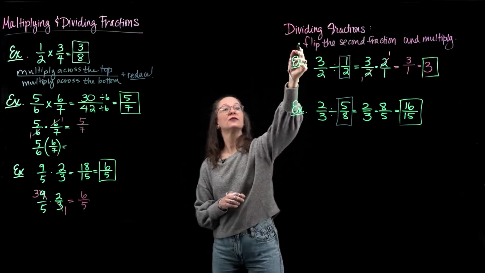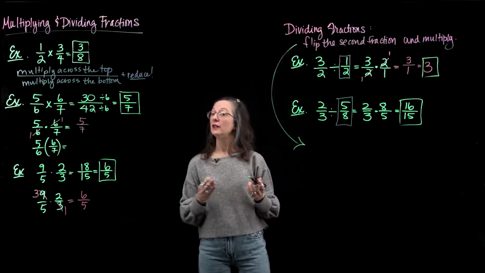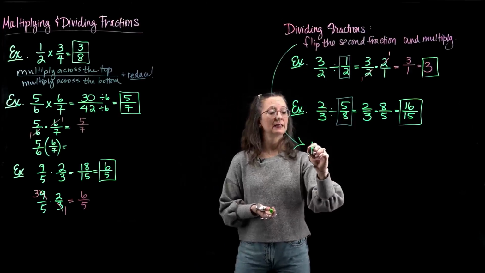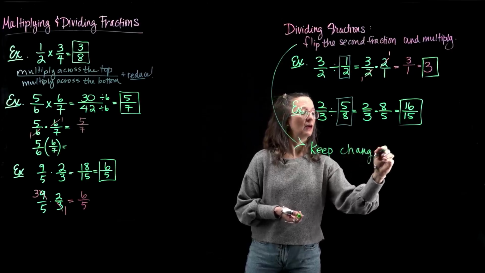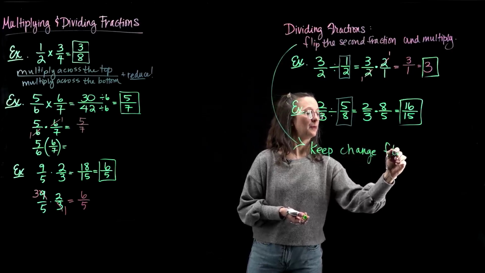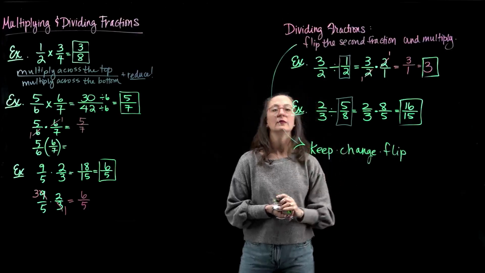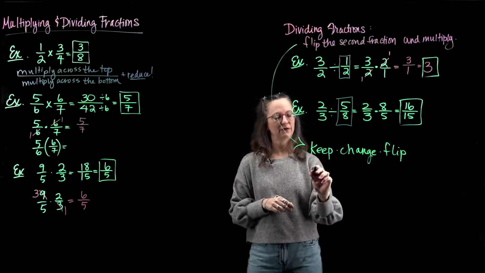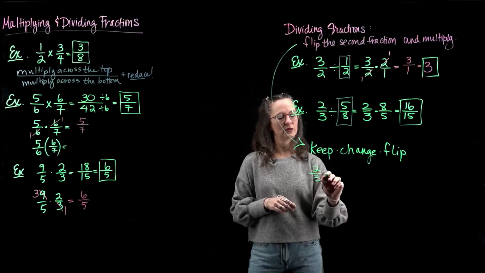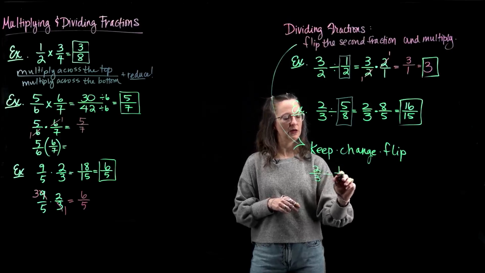Another way of saying flip the second and multiply that you may hear in your class is keep, change, change, flip. And what we mean by that is if we have, let's say, 2/3 divided by 1/6.